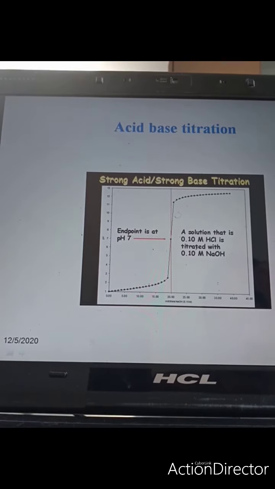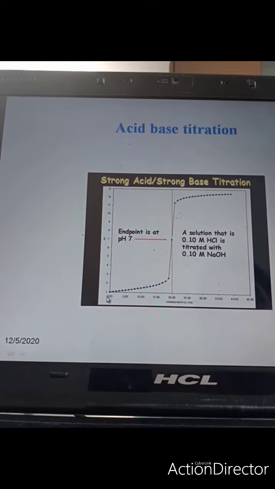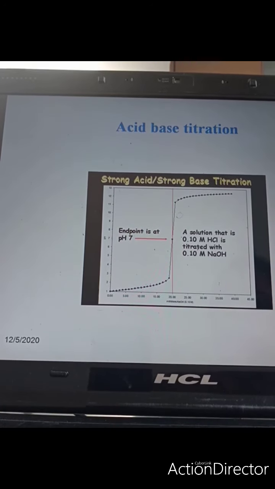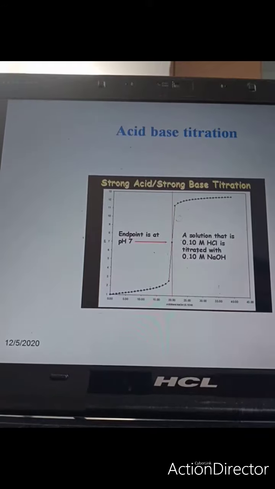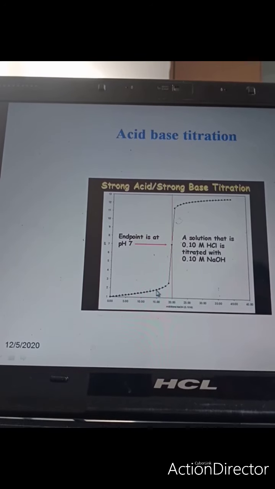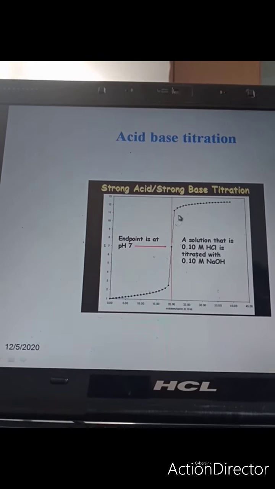The curve shown here initially gives a pH of about 1. It means in the conical flask HCl is present, and in the burette you are taking NaOH. As you go on adding NaOH, the pH increases, and at a point there is a very drastic increase.